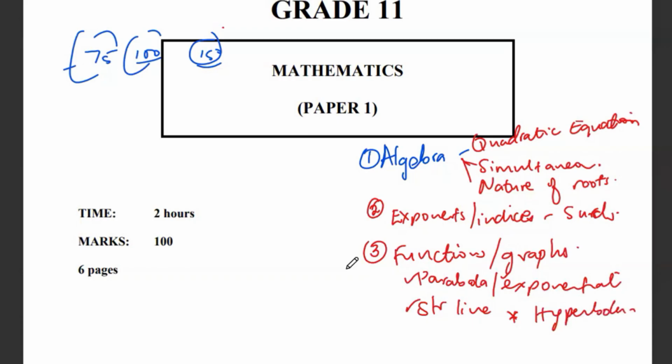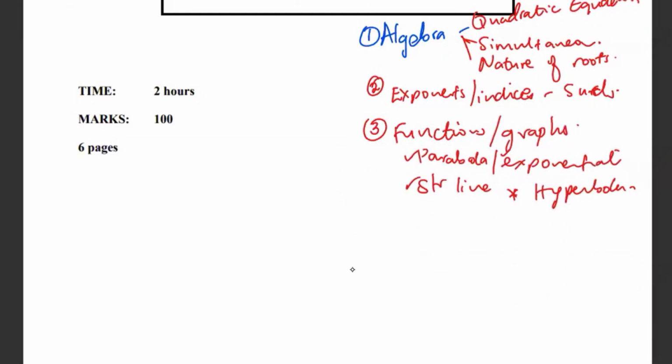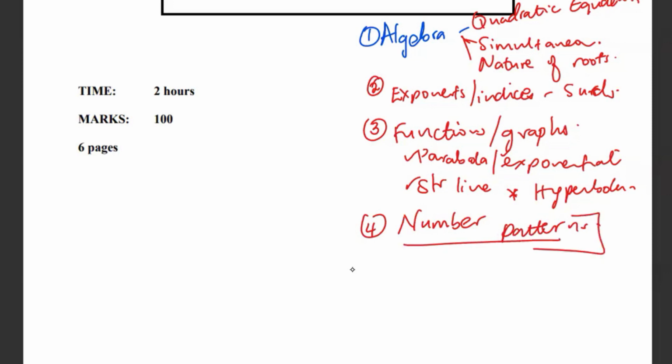Now the 4th topic is optional, depending on the province, which is the number patterns. Why am I saying it's optional? Some provinces on their teaching plans have this topic for term 4, and some provinces would opt to have it in term 1.